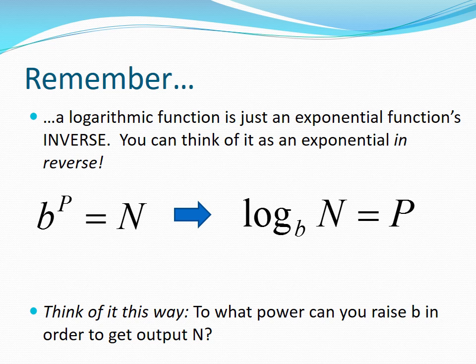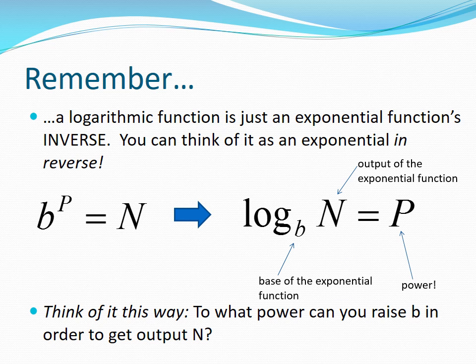The output of the function is different now. So b is the base of the exponential function, okay? That's the base of the exponent in the beginning on the left. Now the power, though, is the output. So instead of plugging in a power and getting out a number, now you're plugging in a number and getting out the power that would have given you that number, because it's backwards.